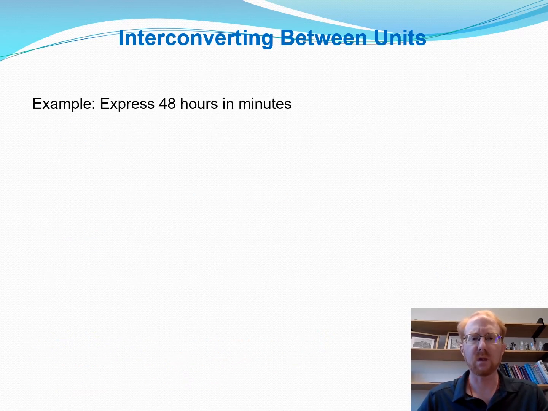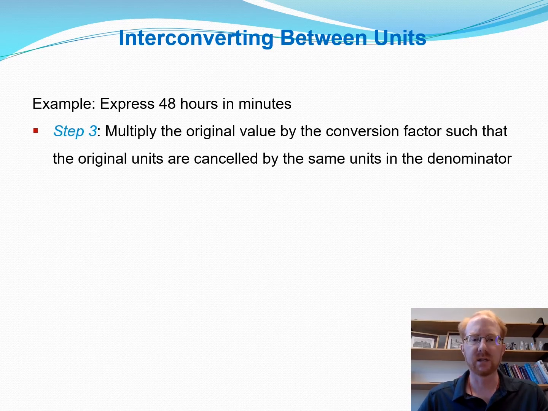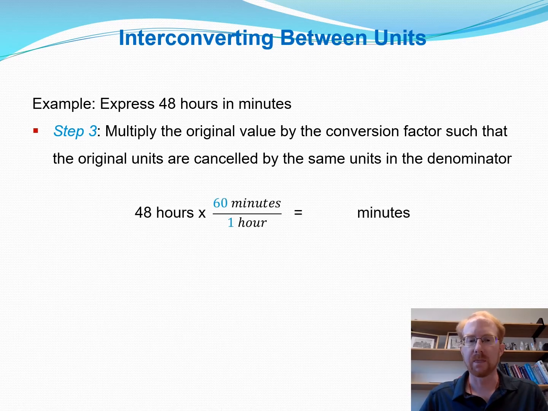So continuing with the same example, our step 3 is we're going to multiply the original value by the conversion factor so that the original units are canceled by the same units in the denominator. What that means is I want the denominator of my conversion to have the same units as my original value. I started with hours, so my denominator has to have hours.